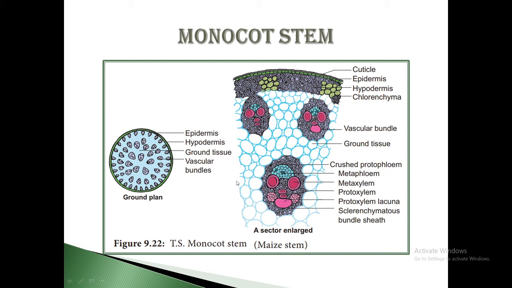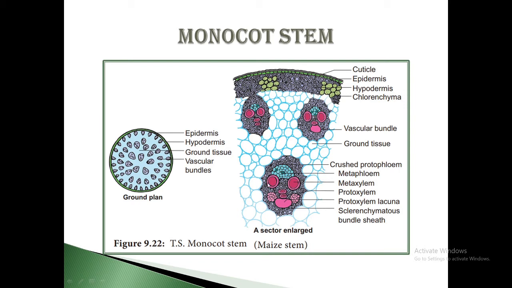The next is the vascular bundles. The vascular bundle consists of xylem towards the center region and phloem towards the periphery. In between the xylem and phloem there is no vascular cambium. Hence, when vascular cambium is absent between the xylem and phloem, it is known as the closed type of vascular bundle.